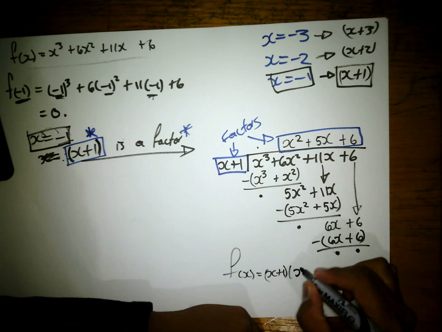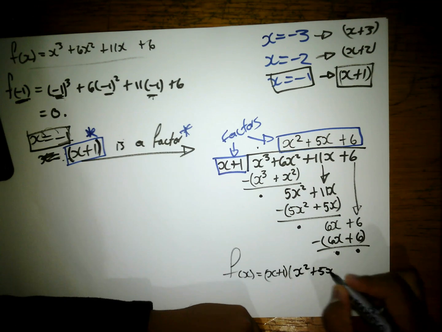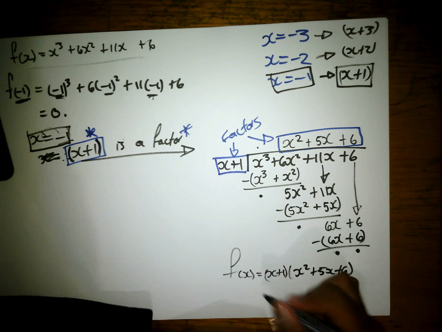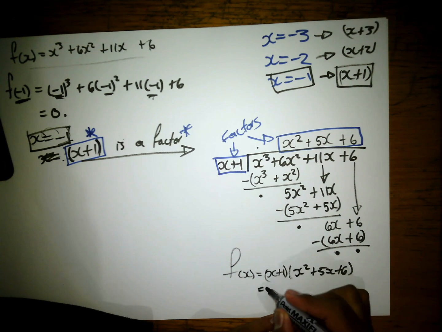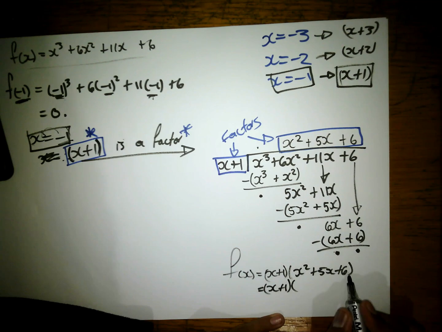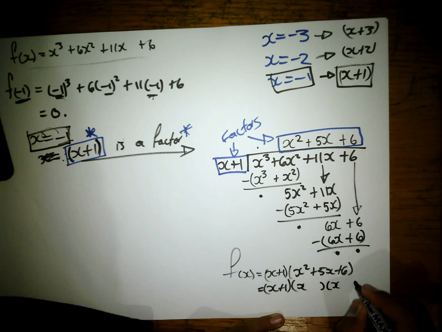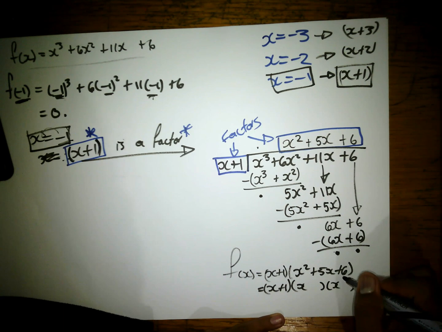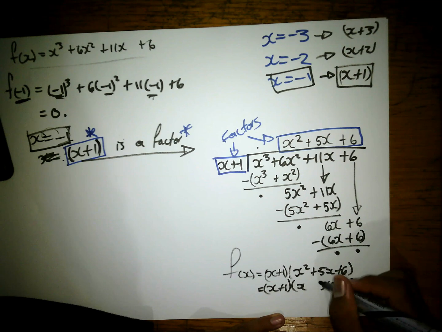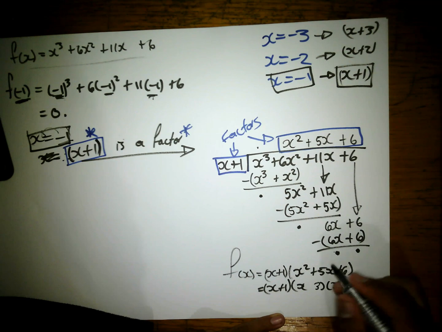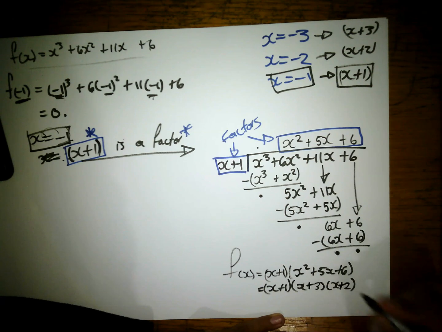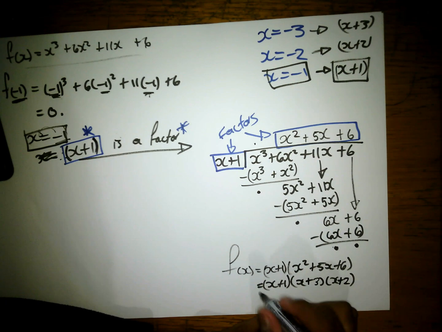So x squared plus 5x plus 6. So x plus 1. Now we must factorize this over here. We have x there and x there. The back numbers you must multiply to get the last number, and when you add those numbers, you must get the middle number. So it's a 3 and a 2, and then the signs are the same. And that's your final answer.